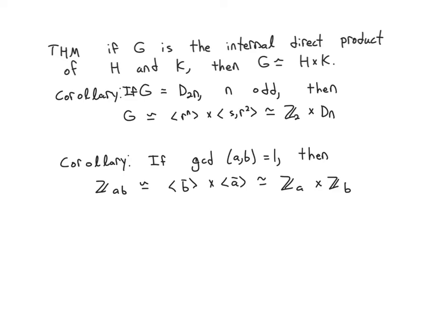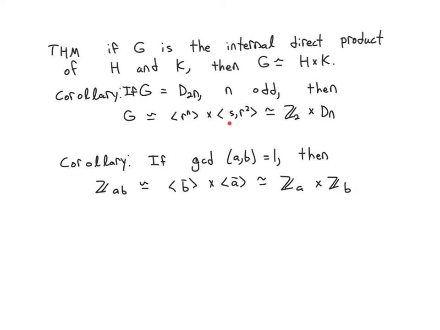So here are two corollaries of this fact. Based on the examples we just did in the previous video, if you've got a dihedral group of order 2n, where n is odd, then we saw it was an internal direct product of two subgroups: one generated by the 180-degree rotation, and the other generated by even rotations and one of the reflections.